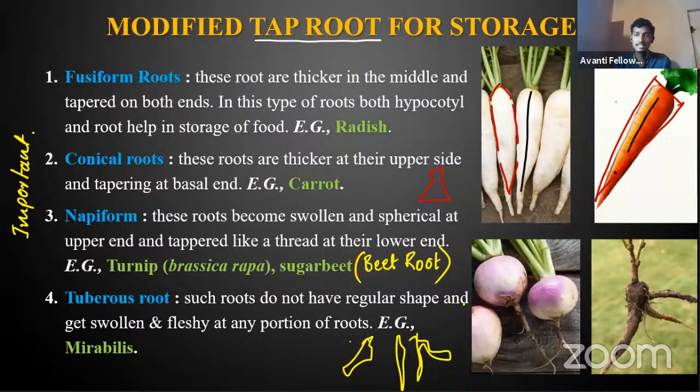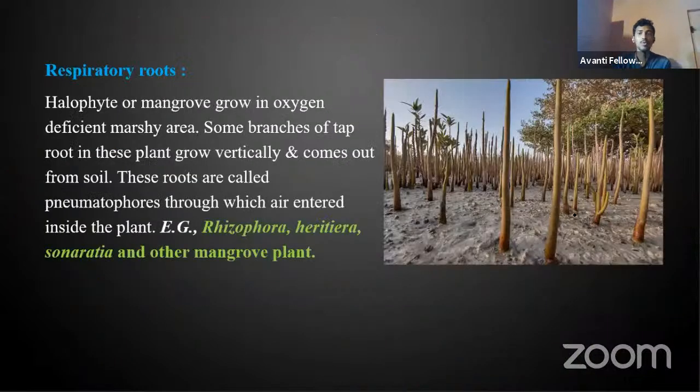Here you can find a single root, and these are tertiary, quaternary, secondary roots. But you can find a single root that is getting swollen. That's how you can identify this as a taproot system modification. Exactly. We will move on.